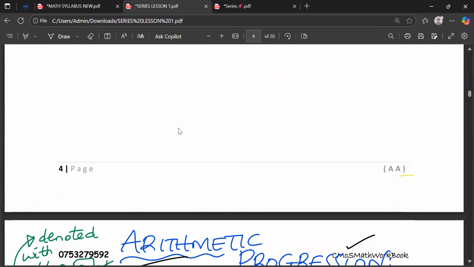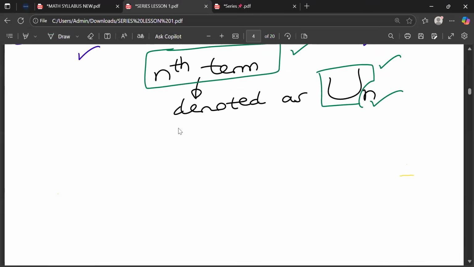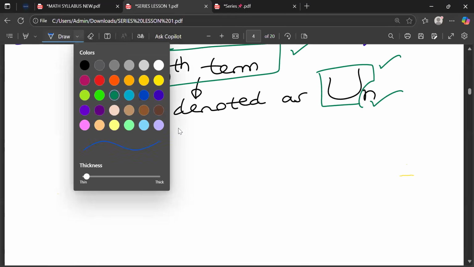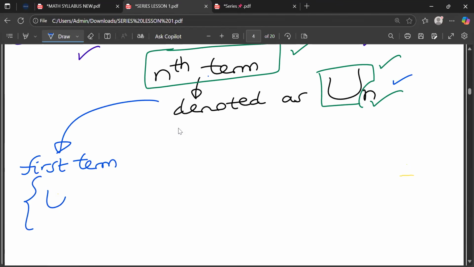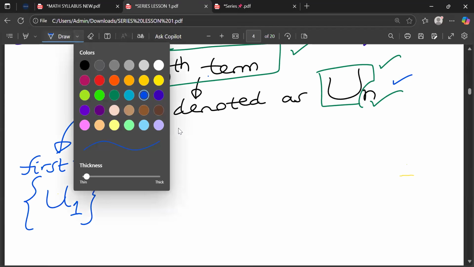But the other thing I don't want you to forget, after us saying that nth term is this, why I left this space, is that I also wanted you to get used to these terms. So instead of writing first term, when I come up and write my U with the 1, I don't want you to be bothered, because I know you know Un is nth term. So when I say first term, I mean U1.